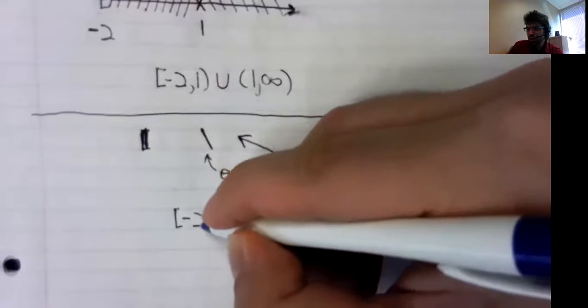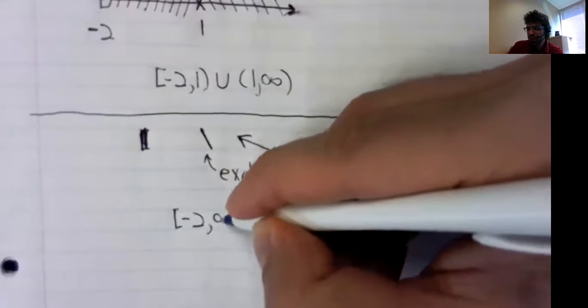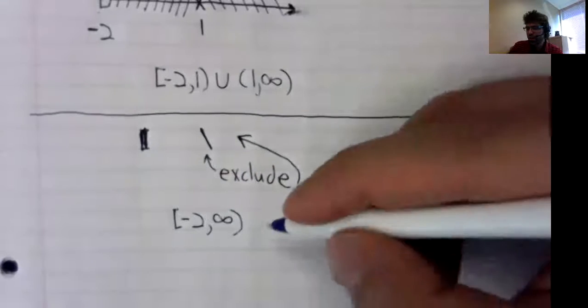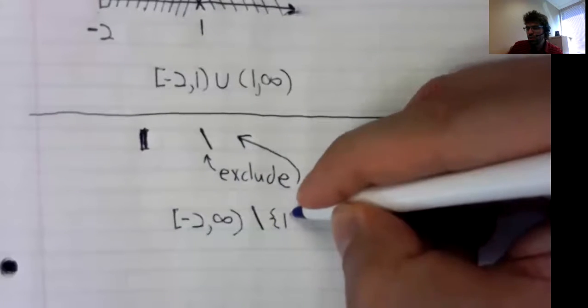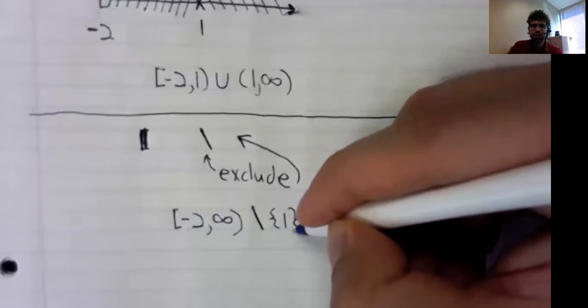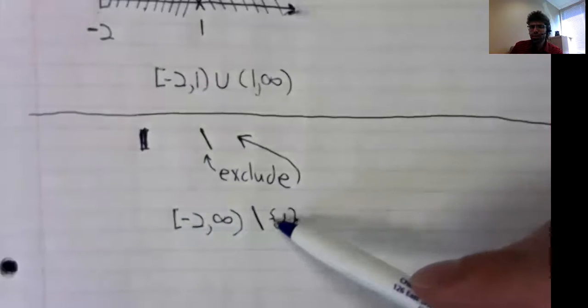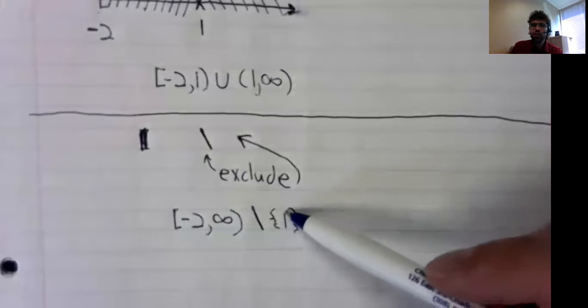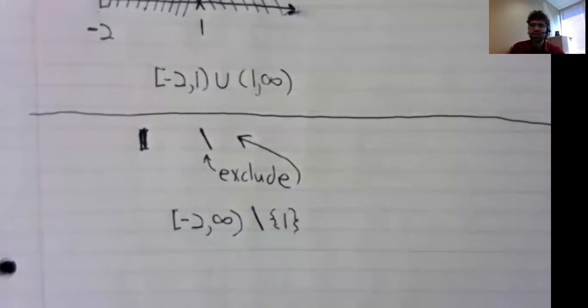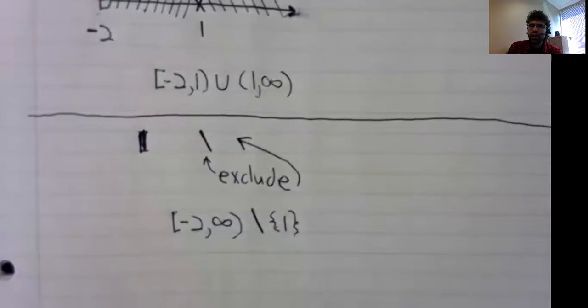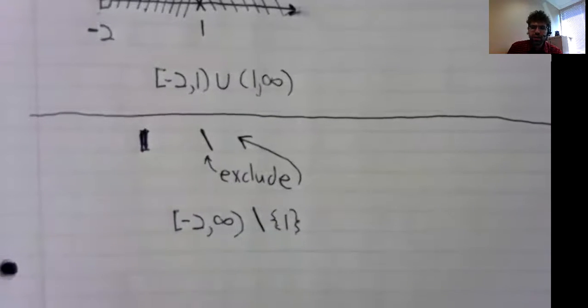So we want all the numbers between negative 2 and infinity, but we want to exclude the number 1. If we put it in curly braces, if we wanted to exclude more than one number, we'd just list them. 1, whatever the other number we wanted to get rid of is. And that's the natural domain.